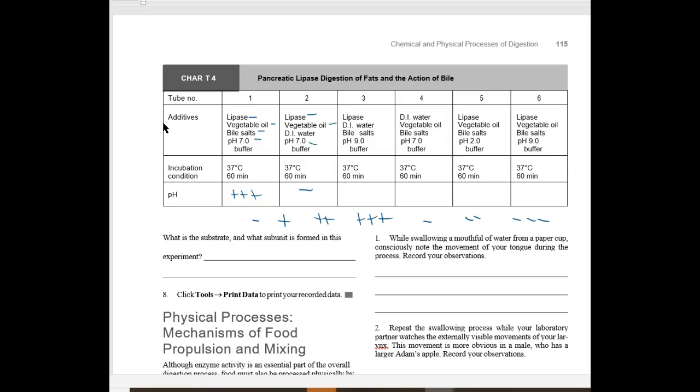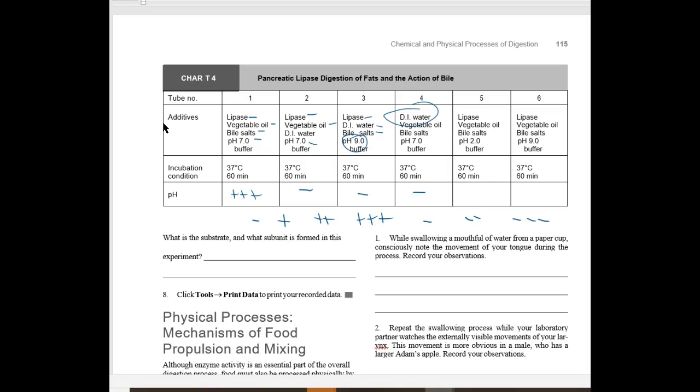Then you have here, let's see, you've got enzyme, you're missing your substrate. This is clearly a negative control. They went and changed the pH on us for some reason. I don't know why the heck they did that. But you're missing your substrate, so you're not going to get a drop in pH. And here, there's water. You're missing your enzyme, so you're not going to get a drop in pH.